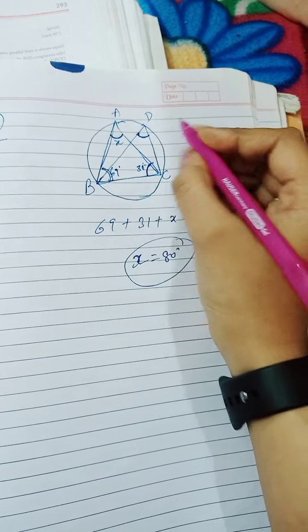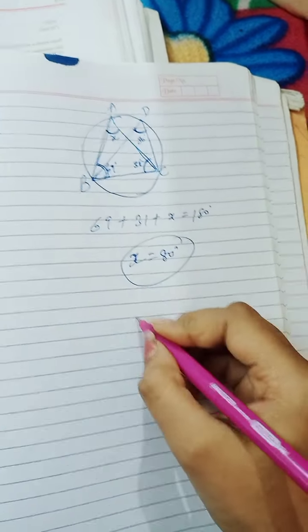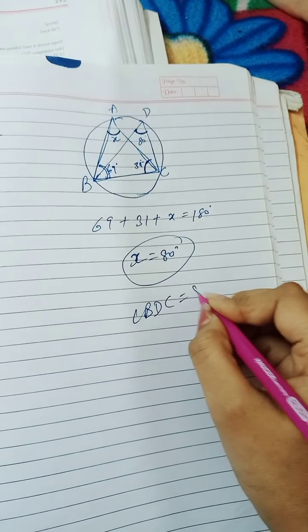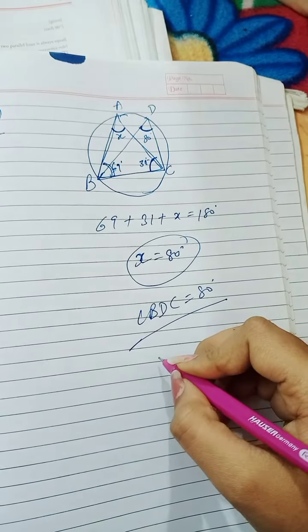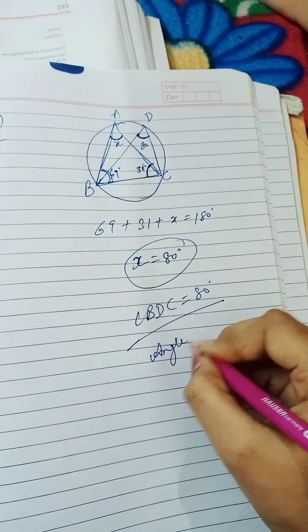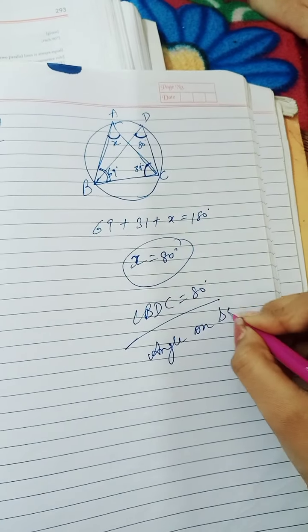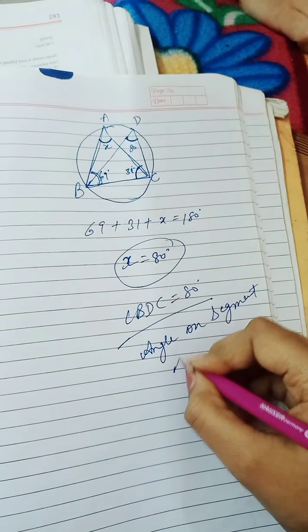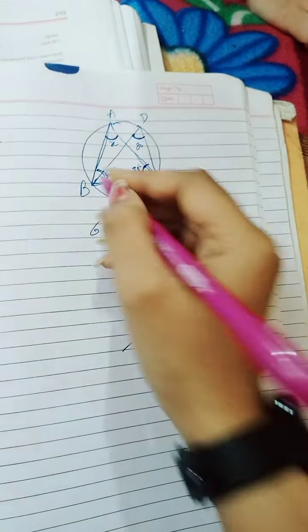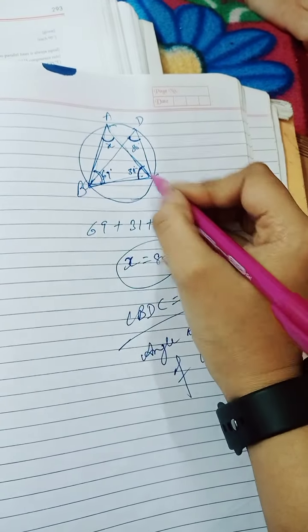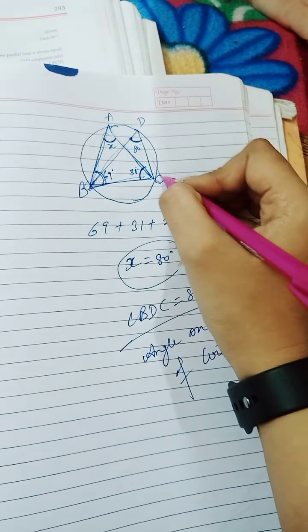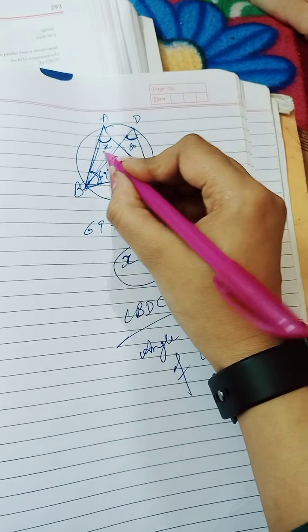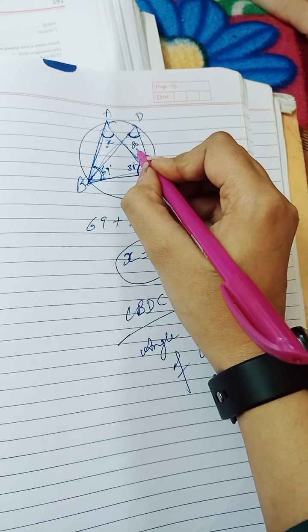This would also be 80 degrees. So angle BDC would be 80 degrees by using the angles on the same segment of a circle property. Angles on the same segment of a circle are equal, no? And this is the same segment. And this angle BAC would be equal to BDC because both angles are equal. So if this is 80 degrees, this would also be 80 degrees.